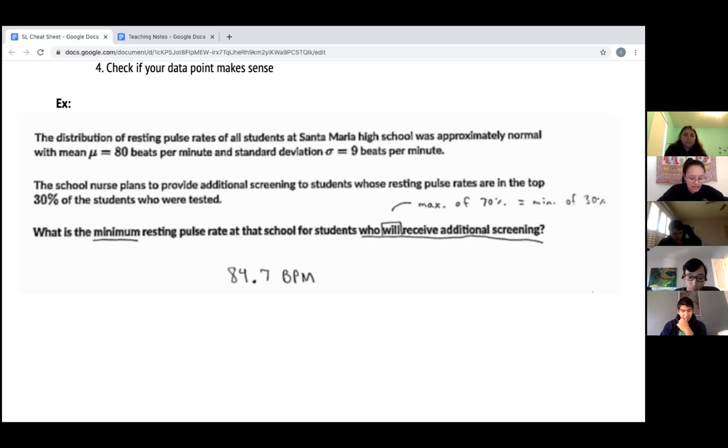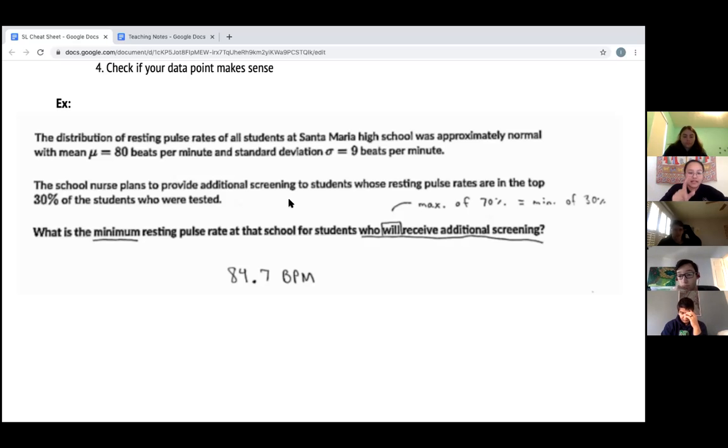Because what we did to get the 70, first of all, is you have this 100%, correct? And it says top 30%. So 100 minus the 30 equals that 70. And when you put it in the calculator, you don't put just 70. You put 0.7, because you can't really put a percentage in this calculator for that to work.